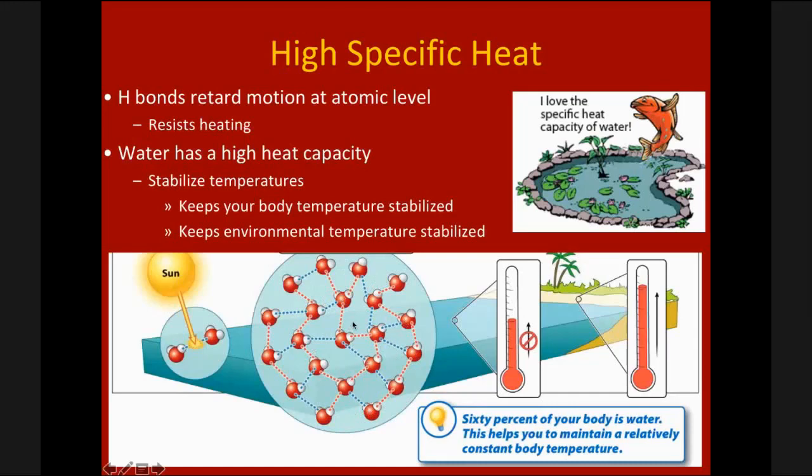I always imagine that hydrogen bonds between water molecules are like holding hands. Notice how some of these water molecules are holding hands with four other people. So pretty stable in their position. If you're holding hands or forming hydrogen bonds between water molecules, it's going to inhibit them from getting agitated. My example for you is, you guys know what a mosh pit is?